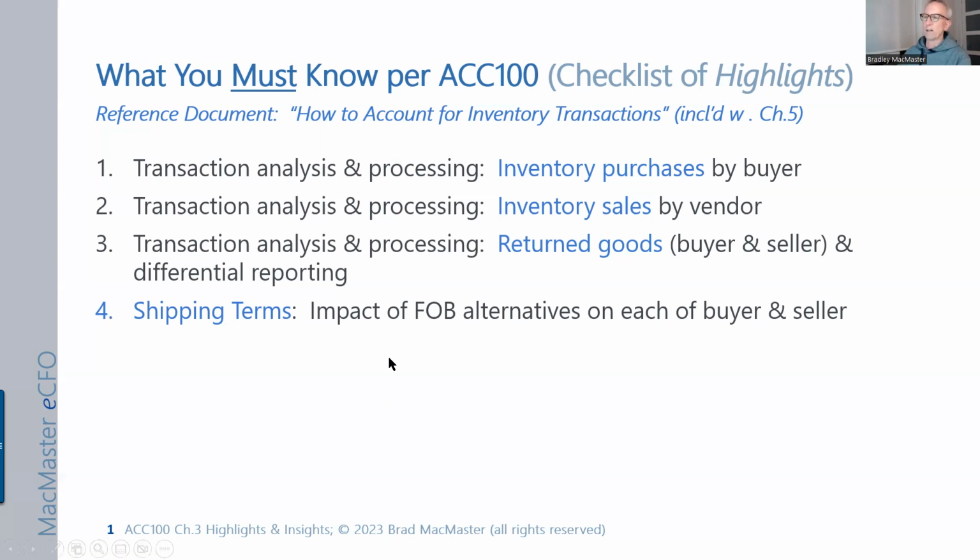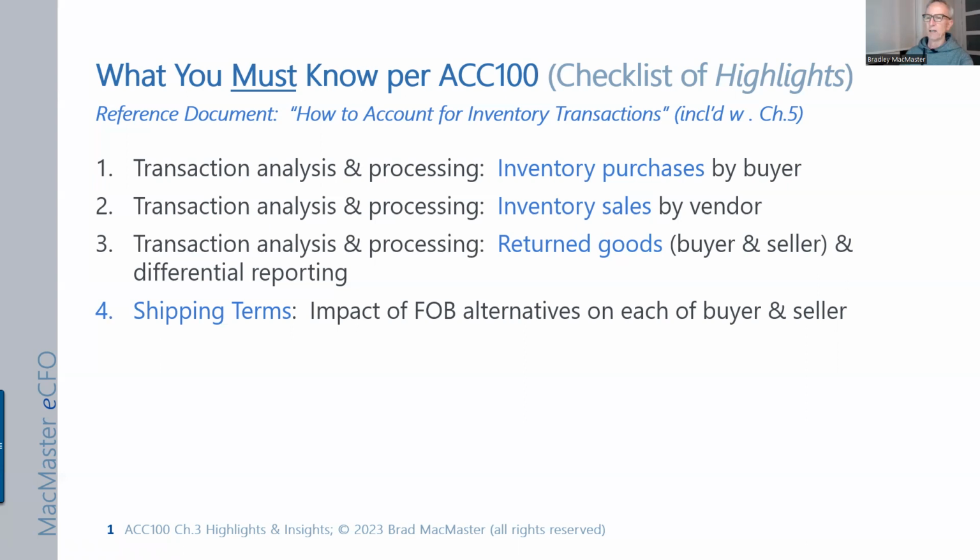Now, if we are the seller, exactly the same rules apply. We could make arrangements to sell goods to a customer, which are FOB shipping point. And if that's the case, our obligation to perform ends as soon as we place the goods on a truck or we hand the goods to a customer in our store. No further action required, and we are not responsible for incurring any additional costs.